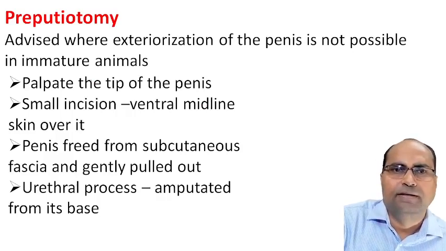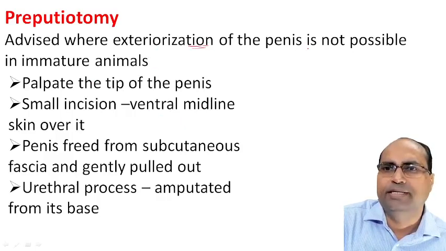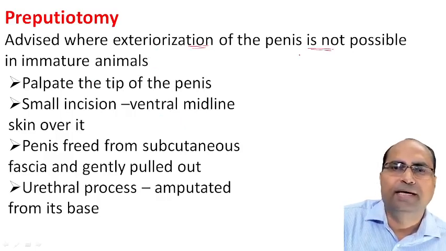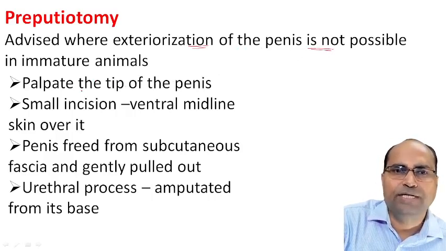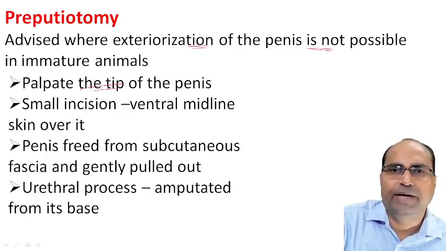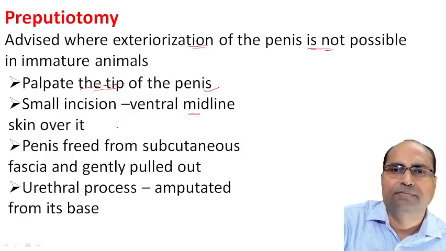Prepucetomy is advised where the exteriorization of the penis is not possible in an immature animal. First palpate the tip of the penis, then make a small ventral midline skin incision over it.